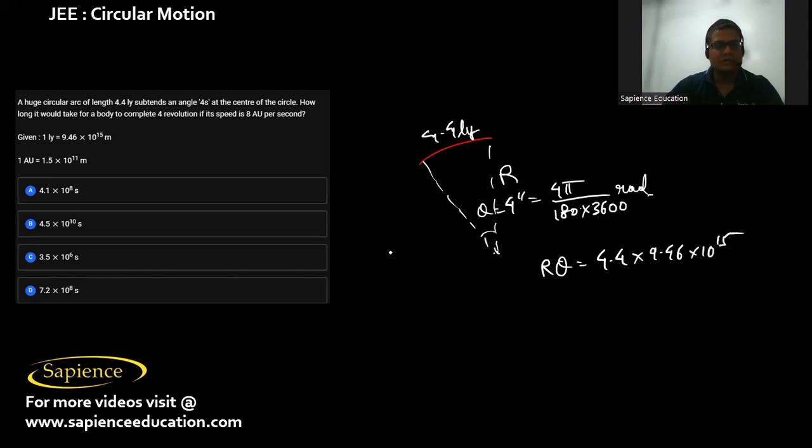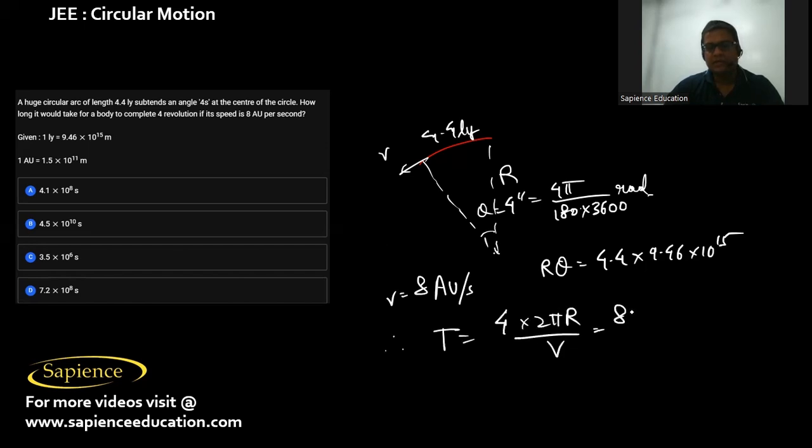Then the speed of revolution is equal to 8 astronomical unit per second. So the time that it would take to complete 4 revolutions will be 4 into 2 pi r by v. That will be 8 pi r divided by v. So the time will be equal to 8 pi into r.